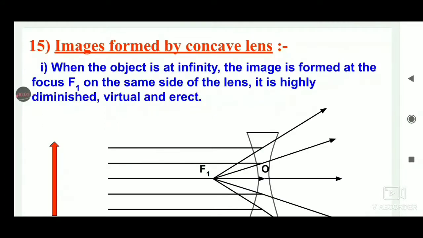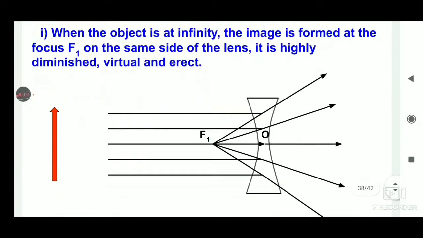Now the image formed by concave lens. First case, when the object is at infinity, the image is formed at the focus F1 on the same side of the lens, and the image is highly diminished, virtual and erect.